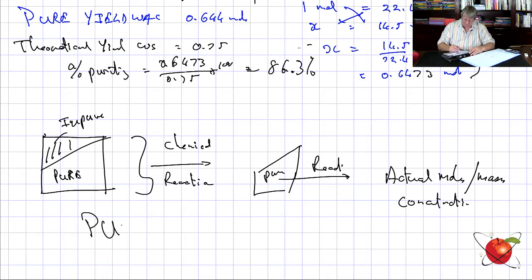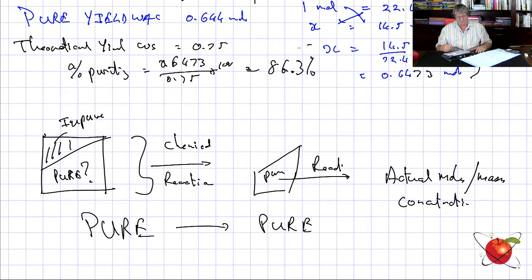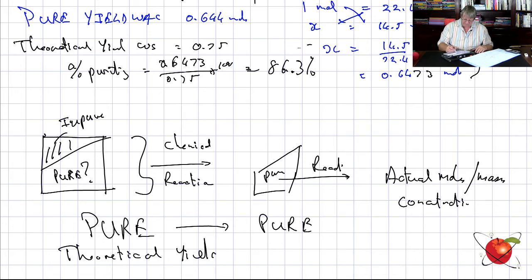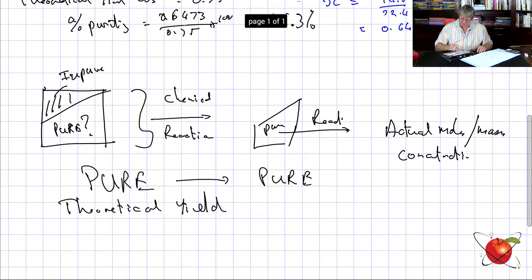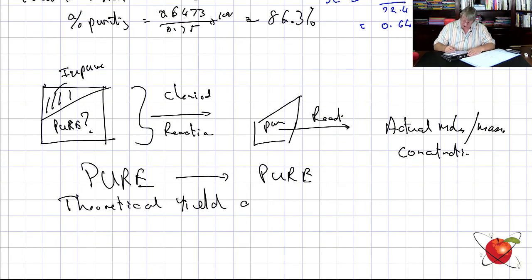So we've got pure goes to pure, doesn't it? But we don't know how much. This we don't know. Okay? So what do we have to do? We have to assume this is all pure and see what my theoretical yield is. Theoretical yield assumes, and we all know what that means, that all is pure.